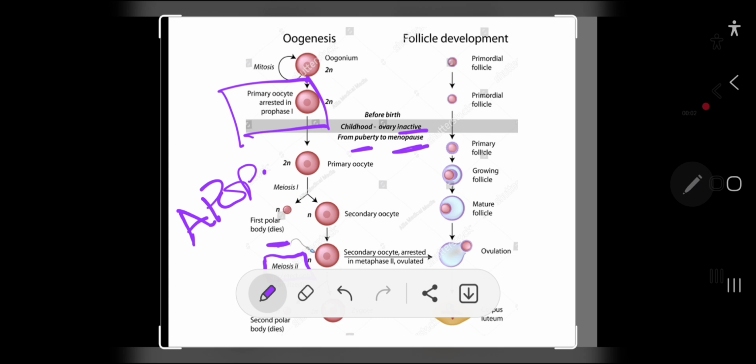The secondary oocyte will not complete this second meiotic division and will be arrested in metaphase 2. At this stage, it will be ovulated in response to luteinizing hormone. This second meiotic division will not be completed unless this oocyte is fertilized by sperm.